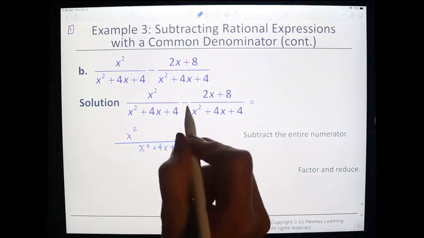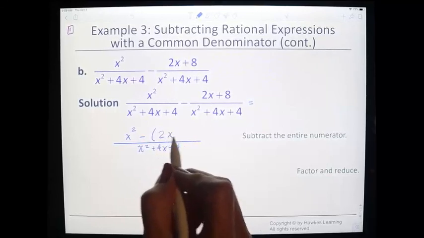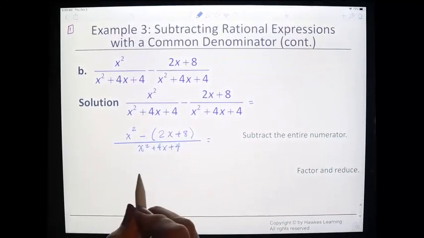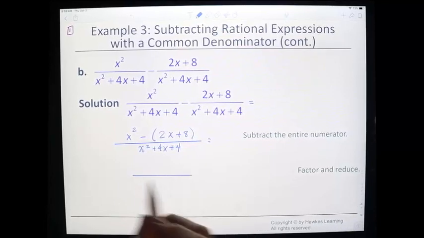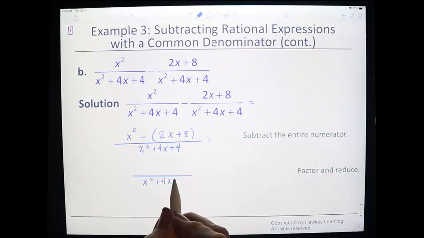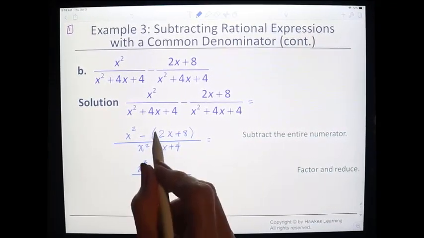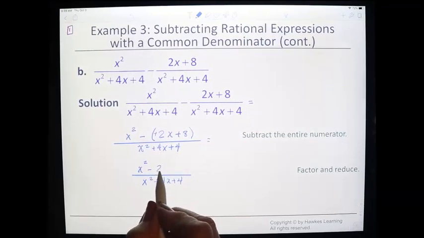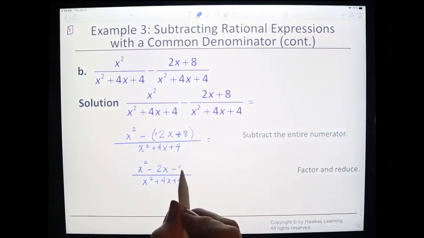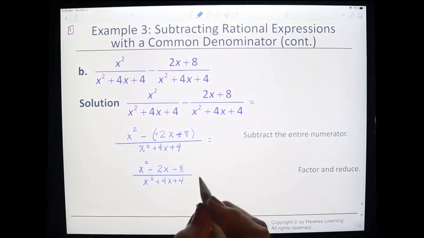So there's the x squared, here's the subtraction, and again I'm going to use the parentheses around that second numerator so that we don't make any sign errors. So I'm going to make those sign changes. This positive 2x becomes a negative 2x, and this positive 8 becomes a negative 8. So I'm finished with the subtracting part.